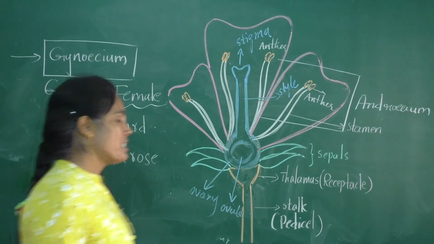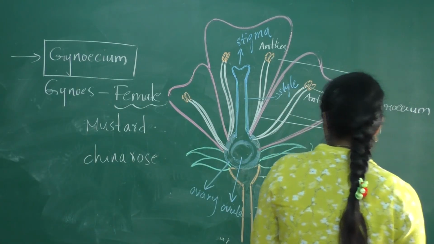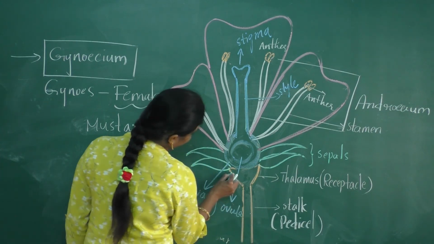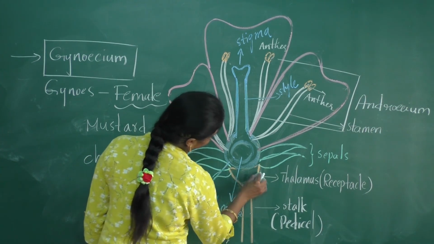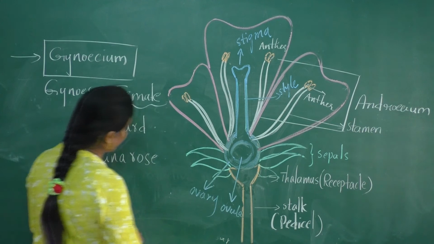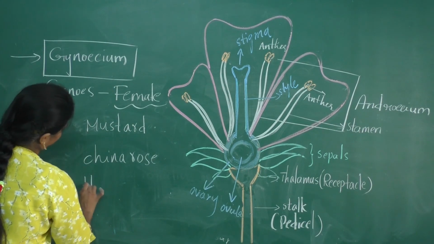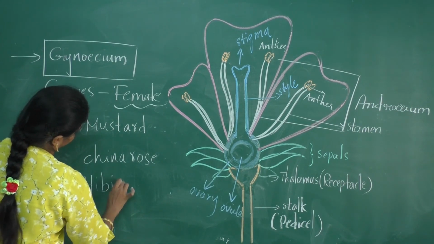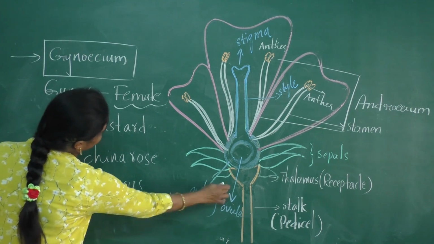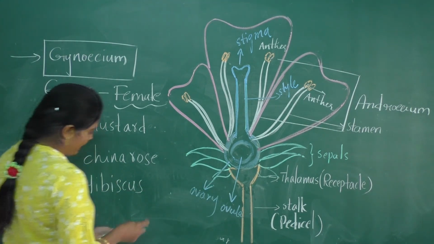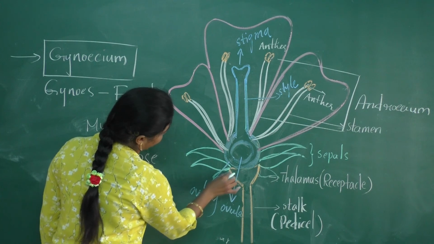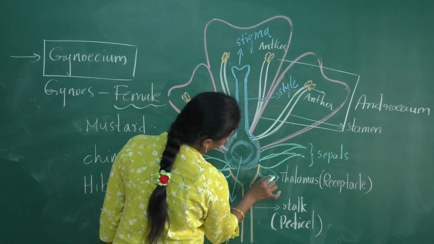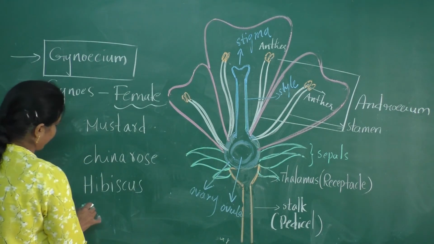In some flowers there may be an extra whorl of calyx. For example, hibiscus. We can find the extra whorl of calyx. This is called epicalyx.